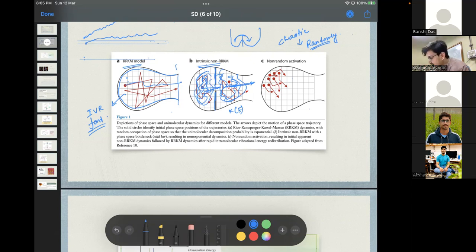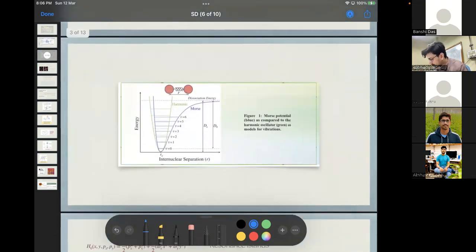Then we call it a non-RRKM model. The RRKM rate equation will not give us an accurate value here, because the rate constant will depend upon time. The third case I'm not going to discuss here.